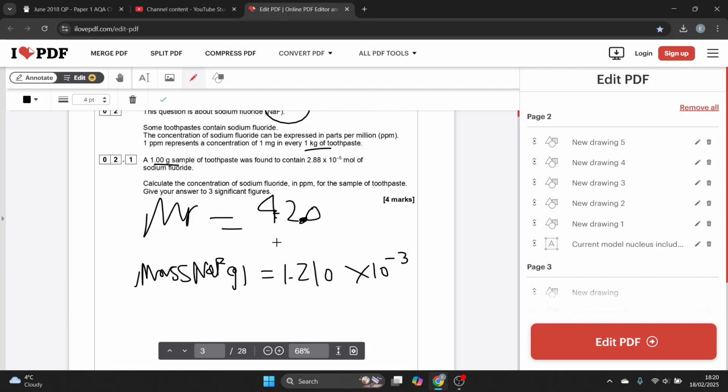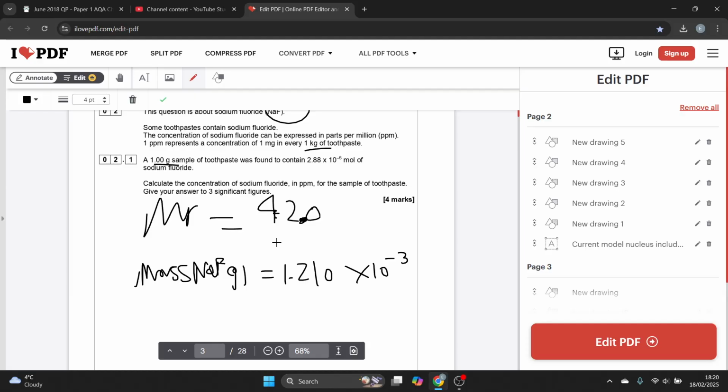No, that's in grams, so I want to get it in kilograms now. Grams to kilograms is times by 1000. I can't believe I just said previously grams to kilograms is divided by 1000. It's not, it's times by 1000.